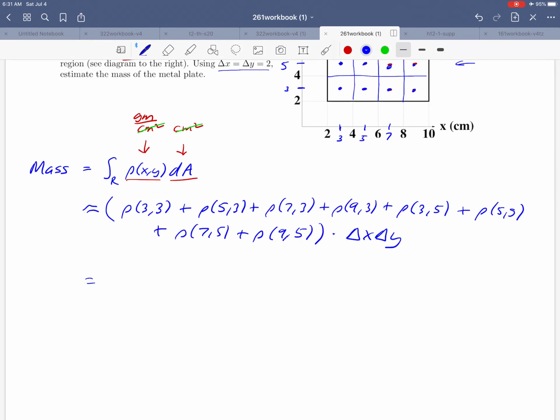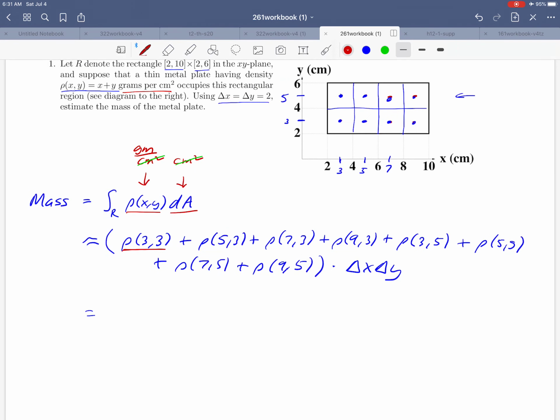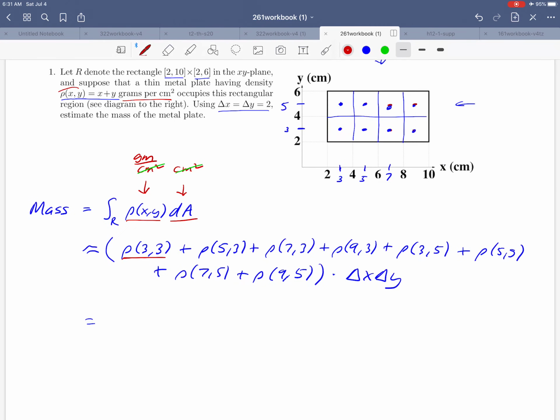Now how do we find numbers for these densities? For example, rho of 3, 3, what number is that actually? Remember, we have a formula that allows us to calculate that. If we want to know what rho of 3, 3 is, let's sneak that in up here. We would just take 3 for x and y, substitute in, and we'd get 6. So that's our density at 3, 3.